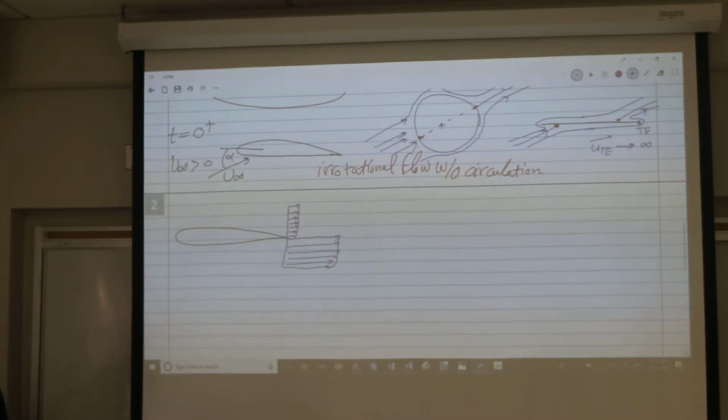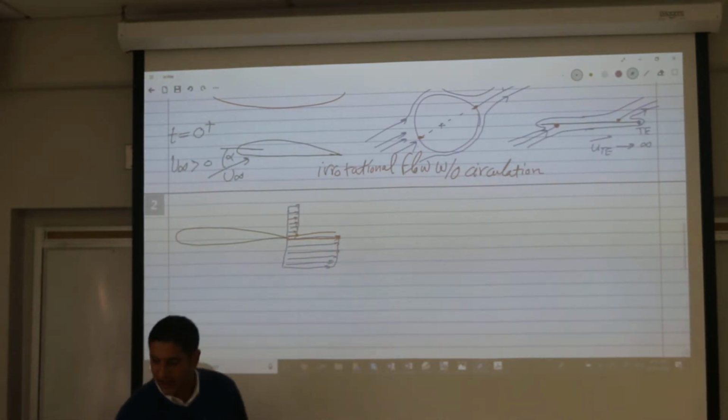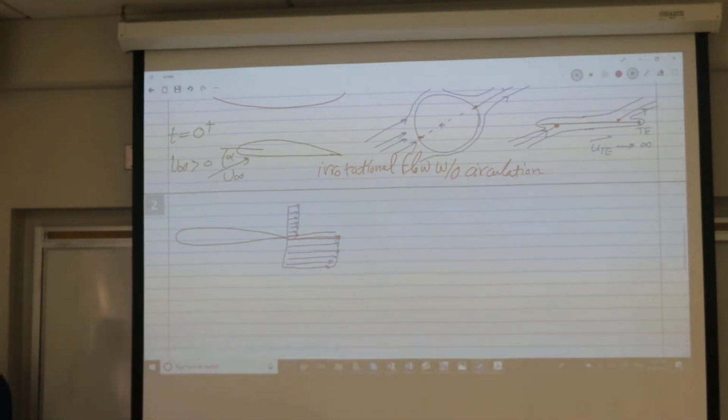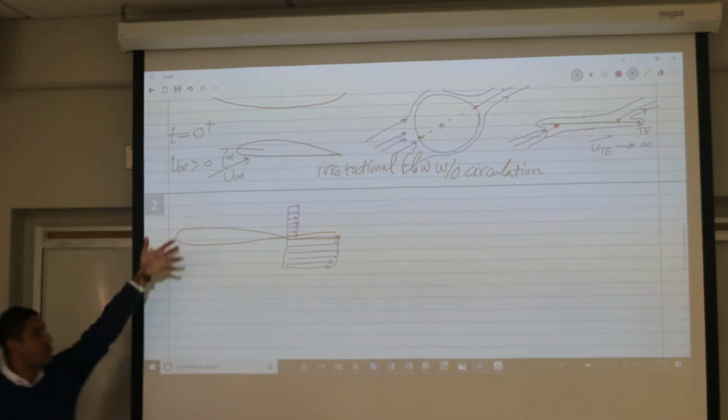So if you have a very thin layer here, from which the flow goes from very large velocity to very small velocity, what happened? You solved the homework problem. We have two layers like this.